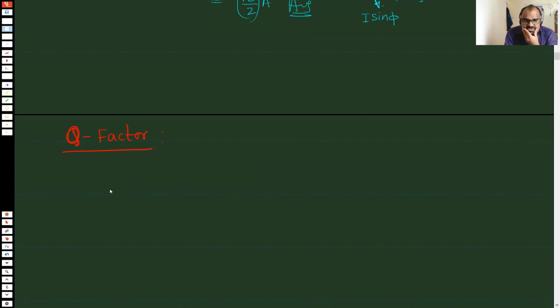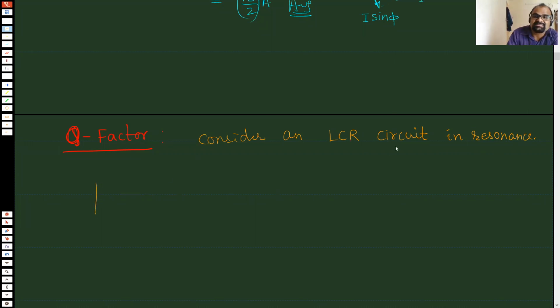Okay. So consider an LCR circuit in resonance. I can draw that LCR circuit, but I want that LCR circuit to be in resonance.